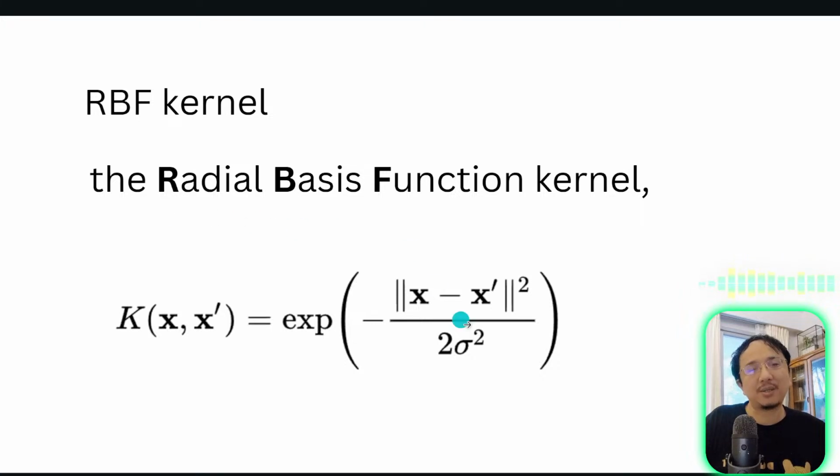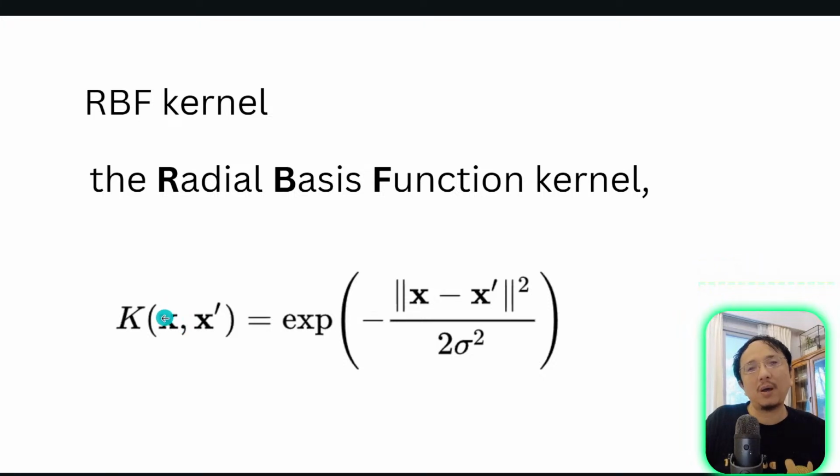As the name suggests, if two samples, x and x prime, are given, this function only depends on their radial distance.